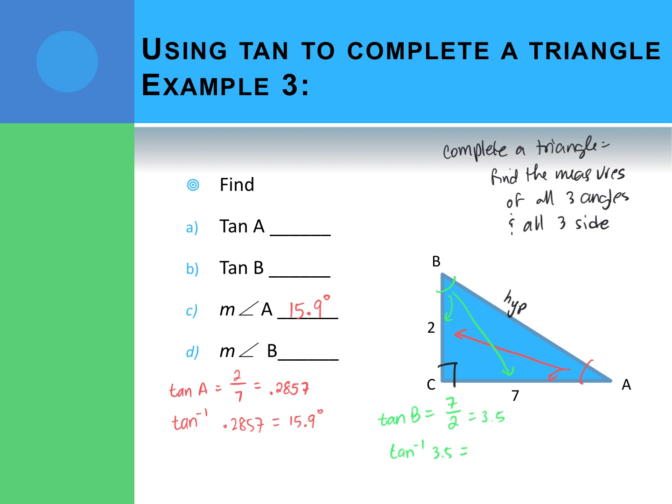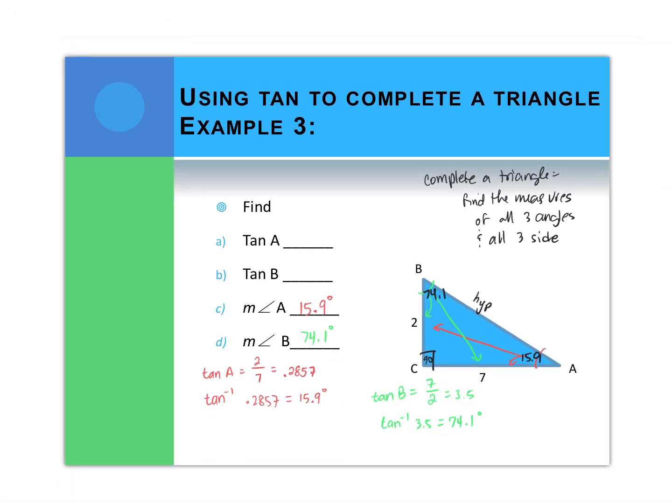So inverse tangent, and I'm going to get 74.1 degrees. Now, if I did it correctly and I rounded, notice that 74.1 plus 15.9 add up to 90 degrees, and 90 and 90 is 180, which makes sense. So I know my degree measures are accurate here.